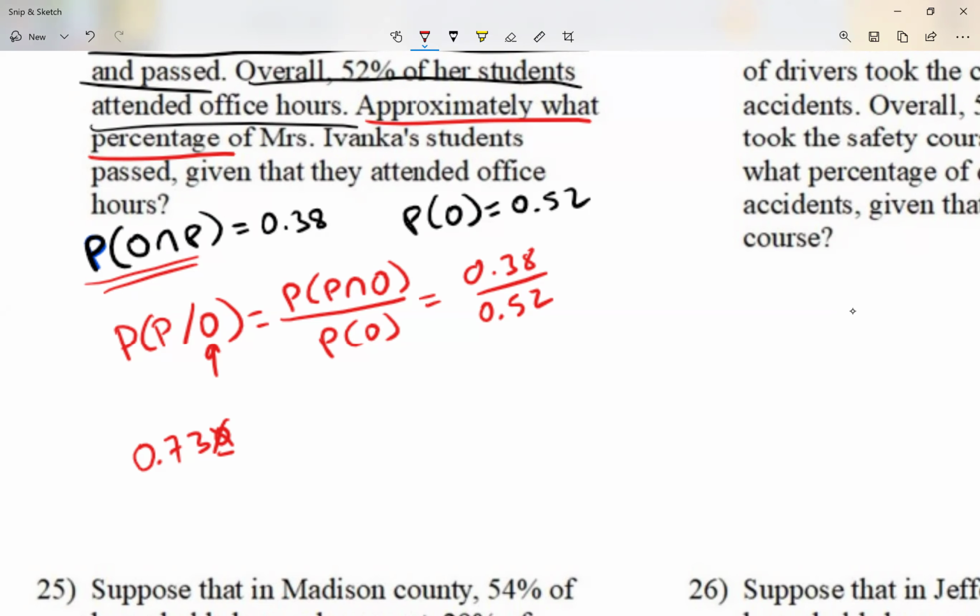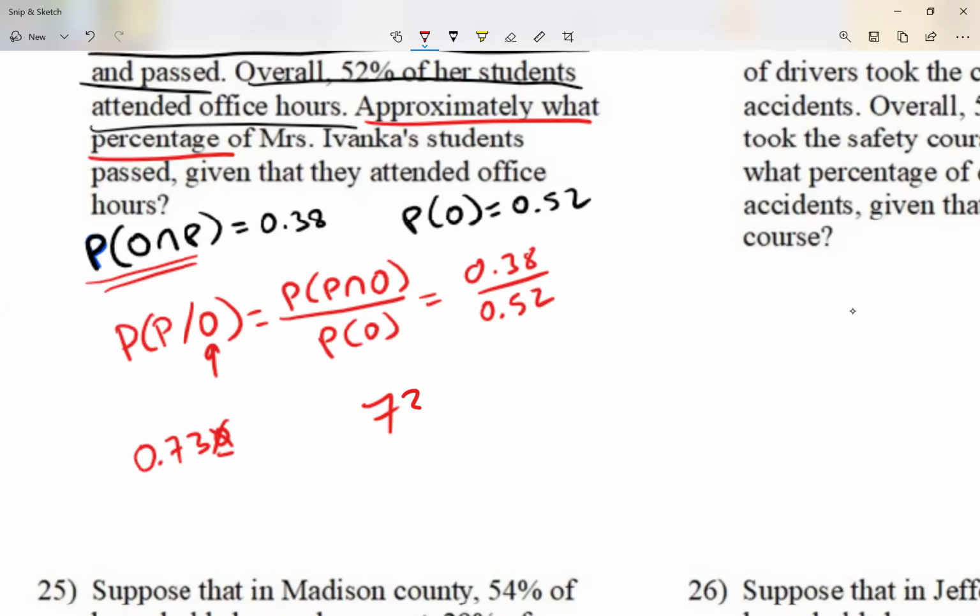I don't know if you noticed this, but as in previous assignments, I say the probability of 0.73 means that's 73%. So I'm just going to write 73. I'm not going to write the percent symbol. I'm just going to write 73.